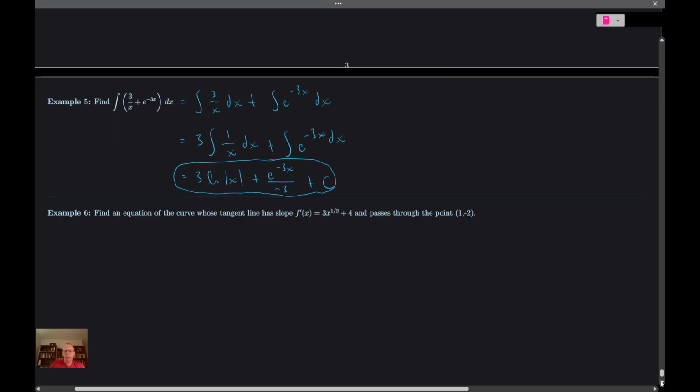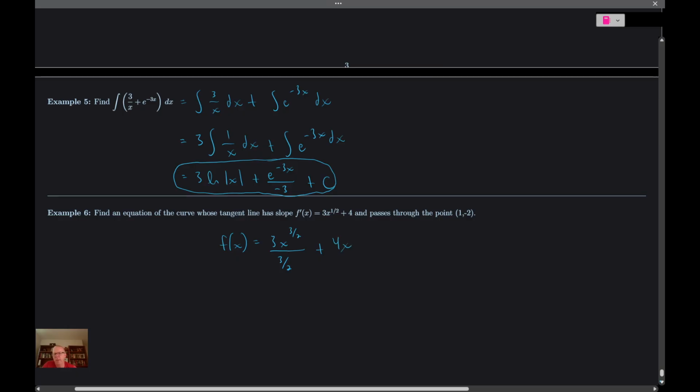All right, now this last one. Find an equation of the curve whose tangent line has a slope of this and passes through the point 1, negative 2. So basically when you see this, now we need to figure out what the c is after we take the antiderivative. We know what f prime is. Let's figure out what f is. So we're going to add 1 to the exponent, which would make it 3/2, and divide by that new exponent, 3/2, plus the antiderivative of 4 is 4x.